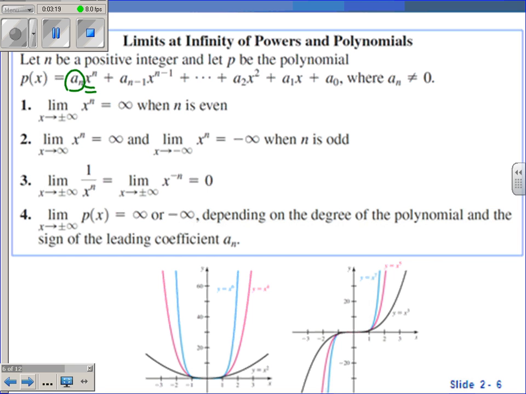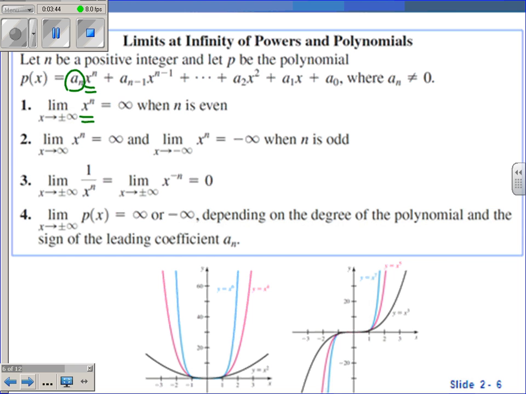Now, if we're looking at the limit of just a single power of x, x to the n, so x to the fifth, x to the third, x to the fourth, if x is approaching plus or minus infinity, it doesn't matter which one it is. If n is an even integer, so we've got an even power, that means that when we multiply that x by itself n times, if n is even, we know we're going to have a positive number.